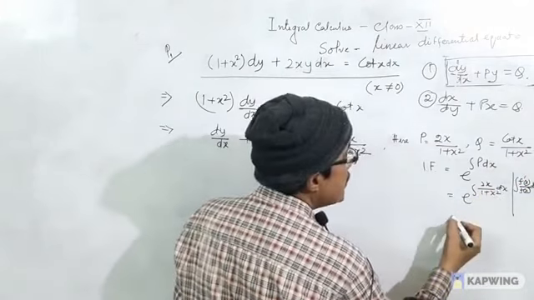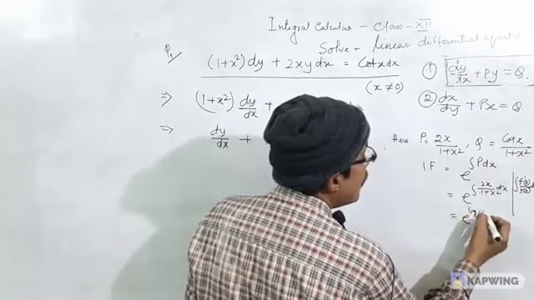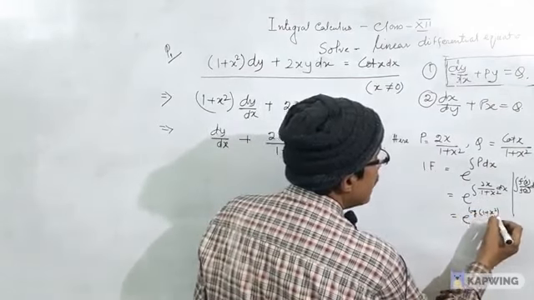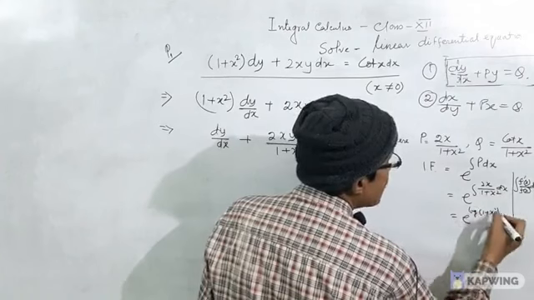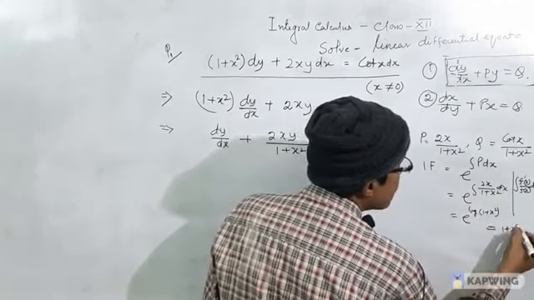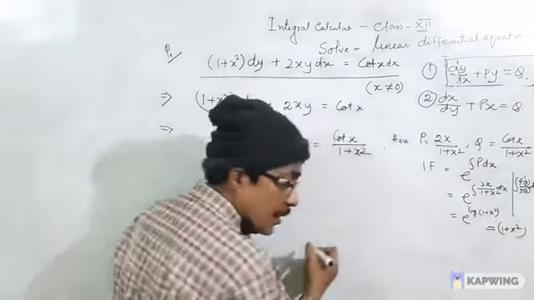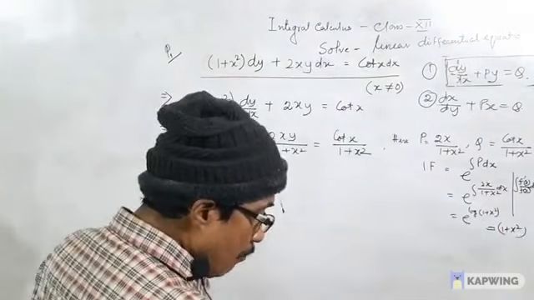So we can write e to the power log of 1 plus x square. That e to the power log x means x, so it equals 1 plus x square. It is the integrating factor for the problem.